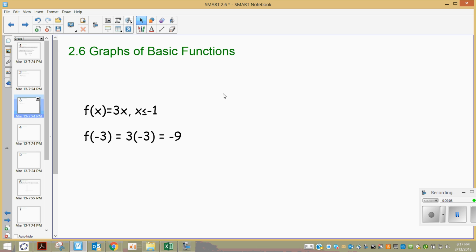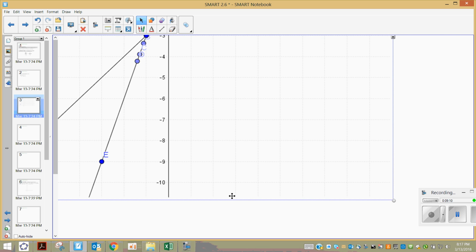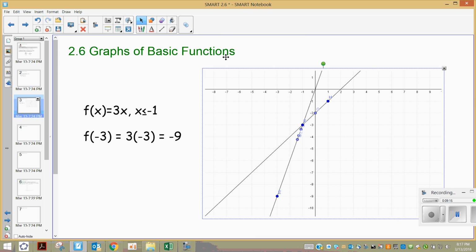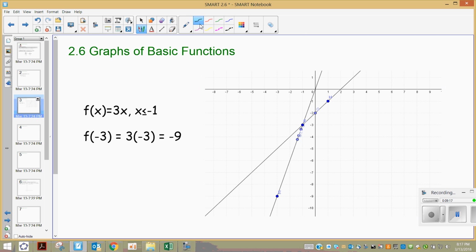And I want to show by highlighting that this first piece here is from x equals negative 1 over. And it keeps going. My second piece starts there and goes that way.